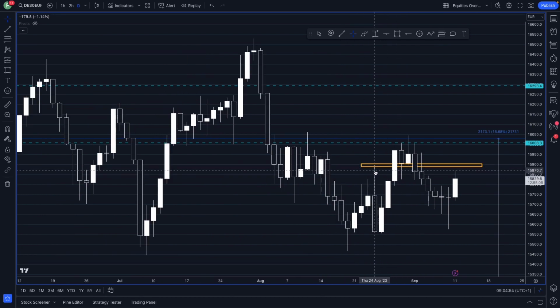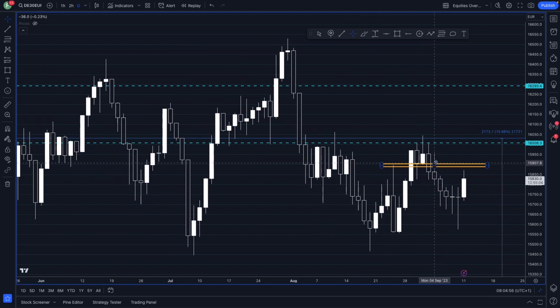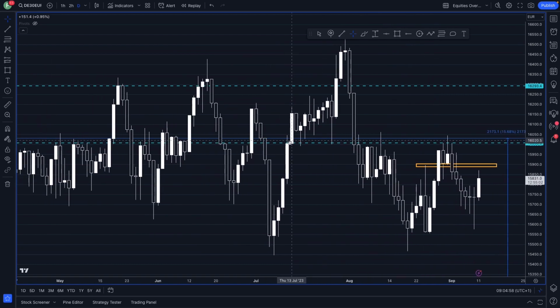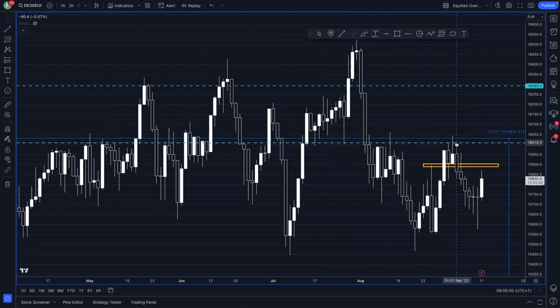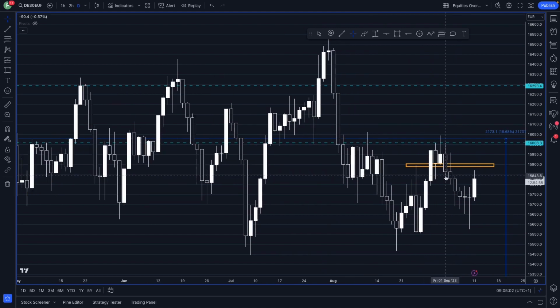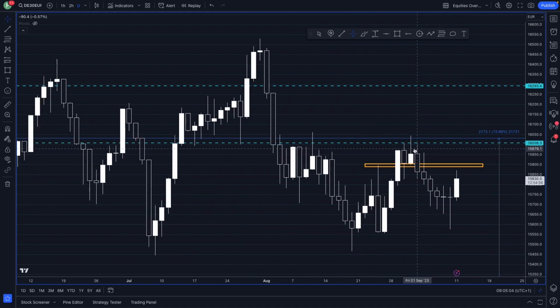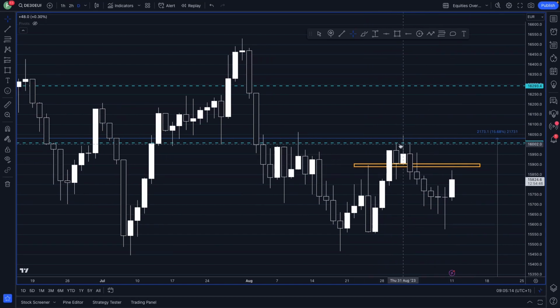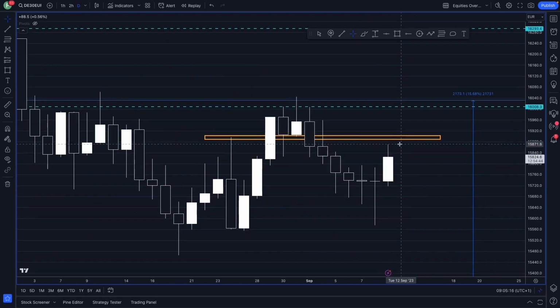Just look for major places where you're going to get traffic. Here you can see that major 16,000 resistance, but that's quite high up into those swing points. And that intraday low there with that intraday high here, that would obviously be a natural reversal point as well.